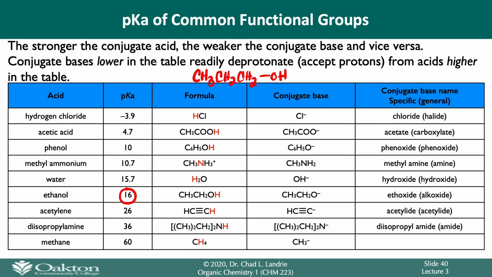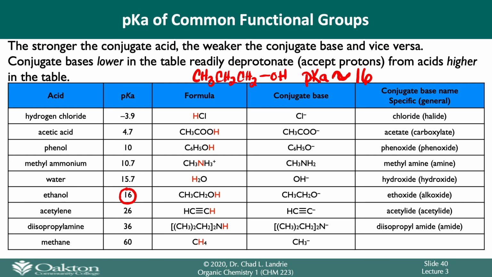And so I could probably infer that the pKa value for propanol, and in fact all alcohols, where I have a carbon group attached to an OH, is probably around 16. And that's the real power of this table. We'll memorize a small group of pKa's and then use that to infer the approximate pKa, that's what the squiggly line means, for structures that look similar.